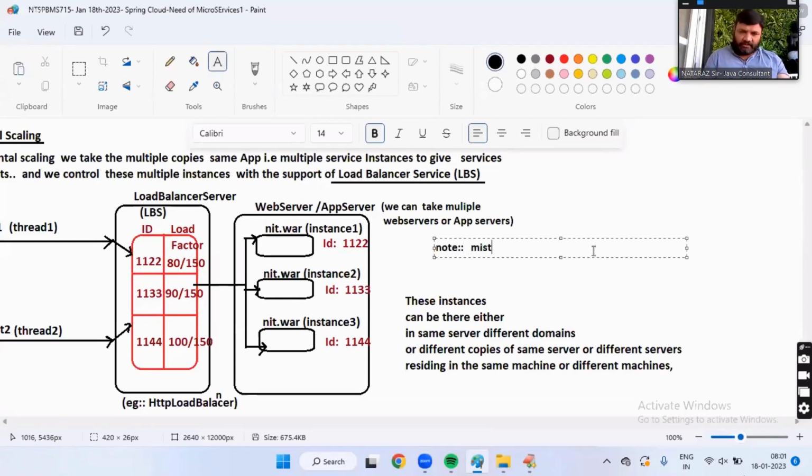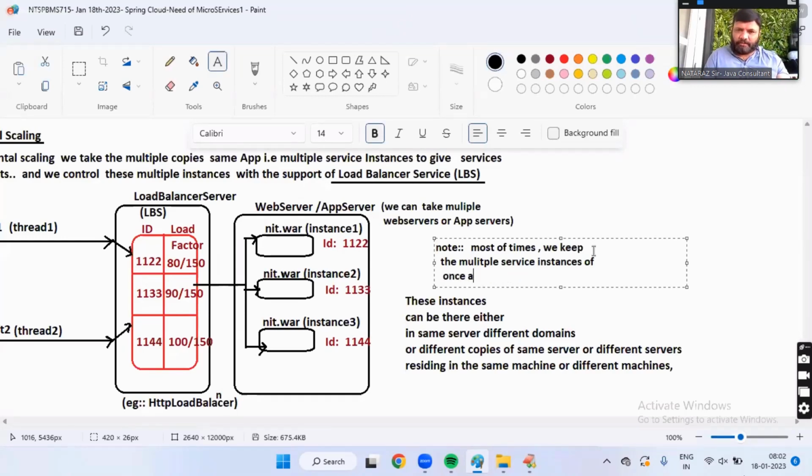Most of the times we keep multiple service instances of the same application.